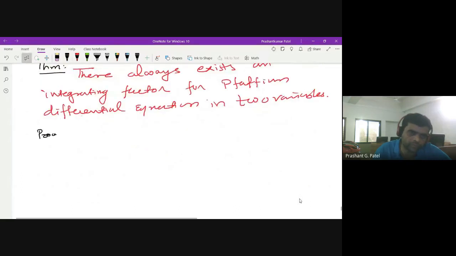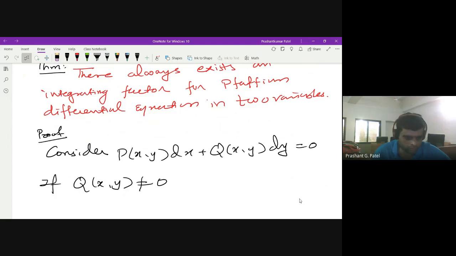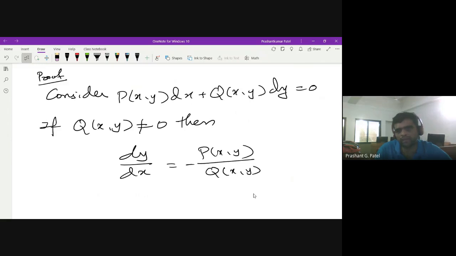So what is the proof for this? Let us consider a two variable Pfaffian equation, that is P(x,y) dx plus Q(x,y) dy equal to 0. If we consider this Q(x,y) is non-zero, then we can write dy by dx equal to minus P(x,y) upon Q(x,y).